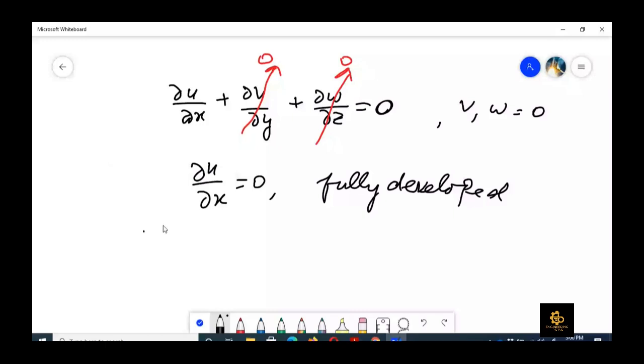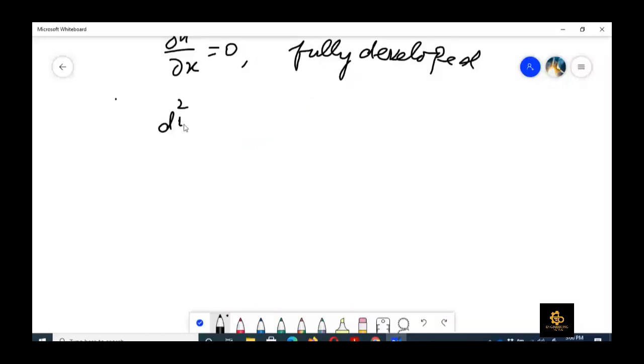In this case, if I write here, first of all, let's see. So here we have d square u upon dy square is equal to 1 upon mu dp upon dx. It should be partial p by partial x, but we can easily write it as dp by dx.